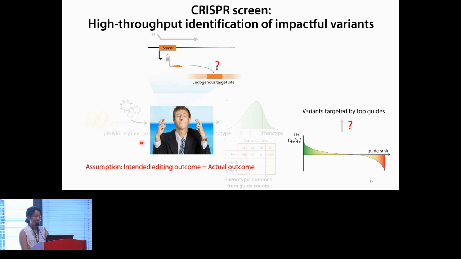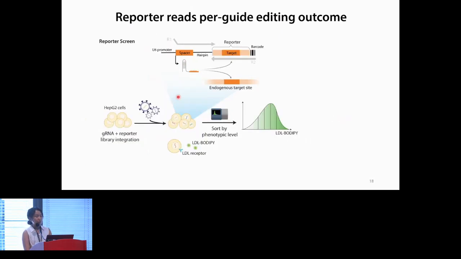And we want to do better than this by using the reporter. So we have the same screen design, and after having the construct integrated into our genome, the guide RNA will target both the endogenous target site and the reporter.